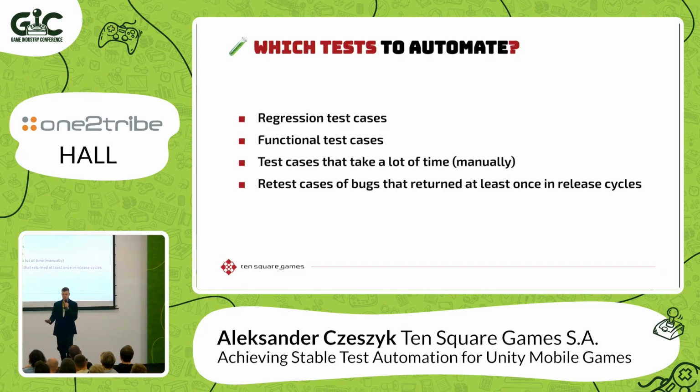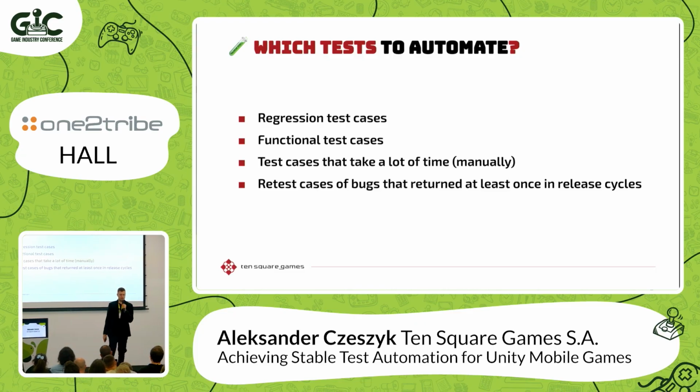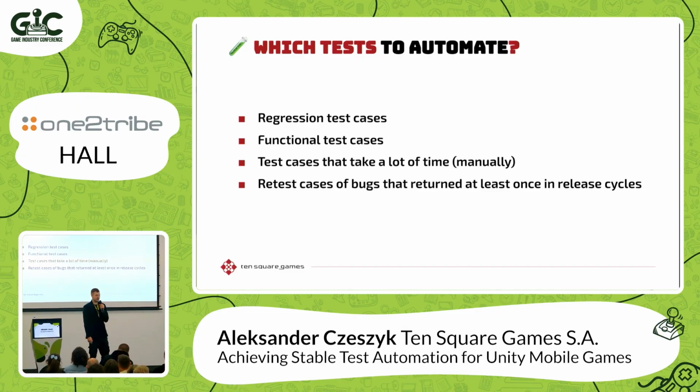So when you have one release cycle, you have a bug, it was fixed, another release cycle, and the bug has come back, it means that it is good to retest it every release. It's kind of low cost to do such a bug retest case, but a kind of good value.